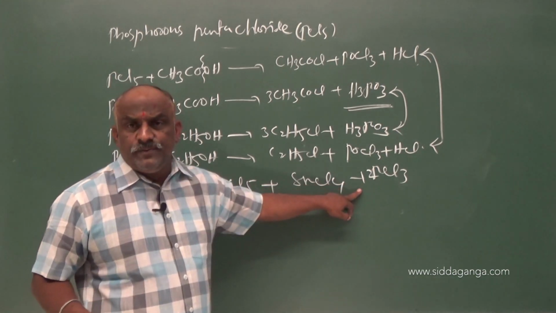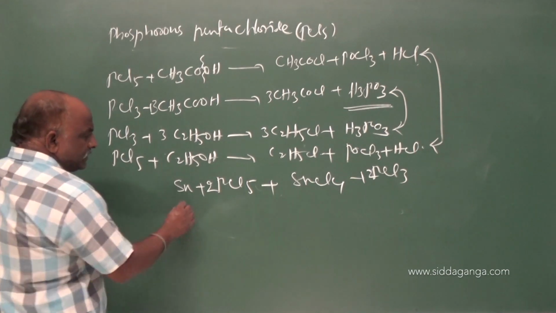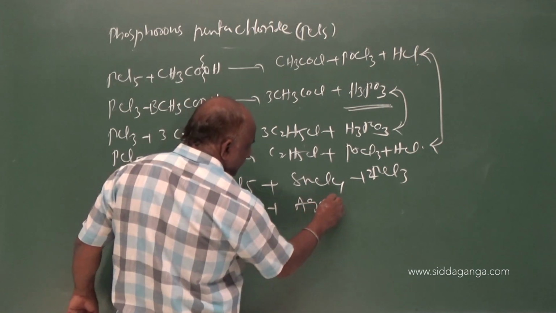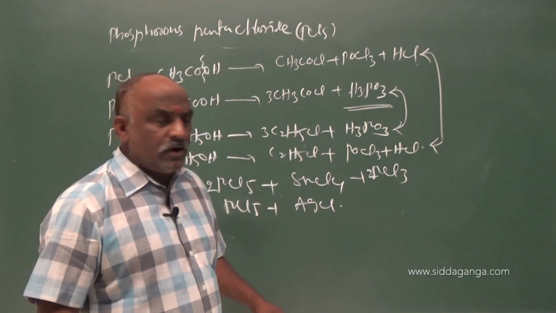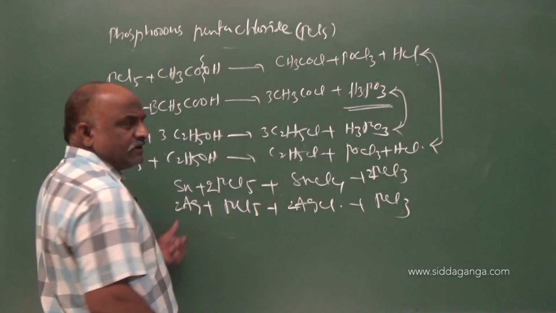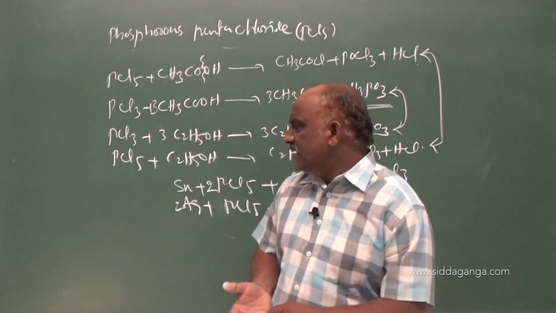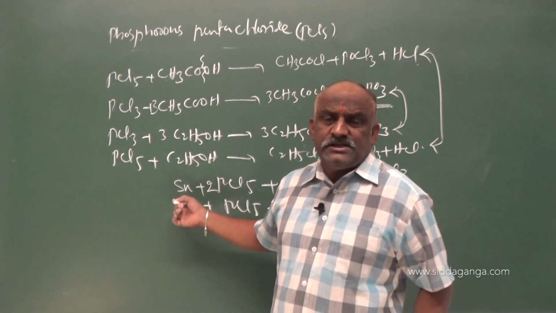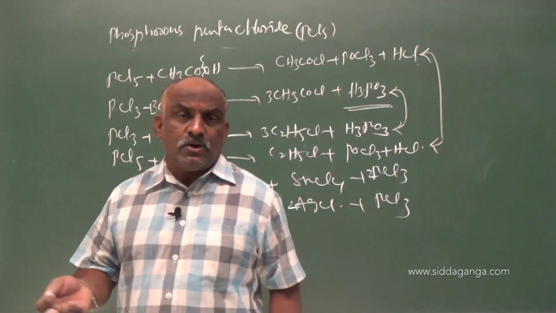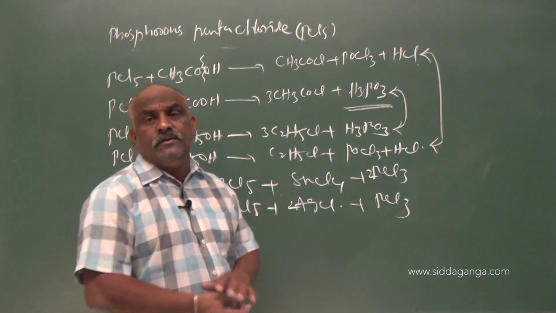Sometimes instead of Sn you consider silver: silver plus PCl5 gives rise to AgCl, silver chloride, plus formation of PCl3. These are the active metals, silver and stannum. When finely divided active metals, stannum or silver, are treated with phosphorus pentachloride, they give rise to their chlorides, stannic chloride and silver chloride.